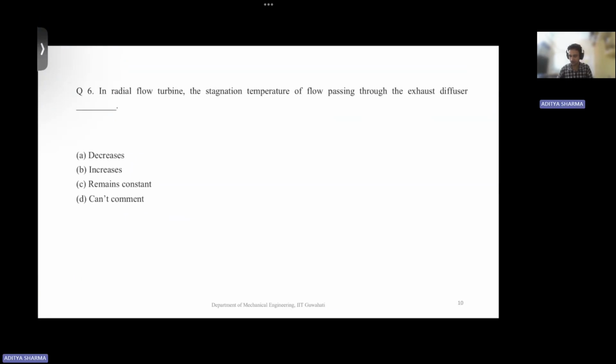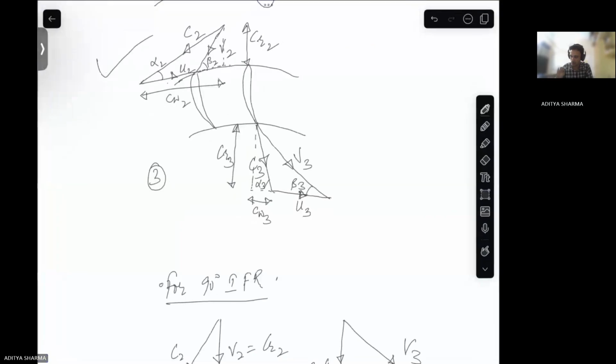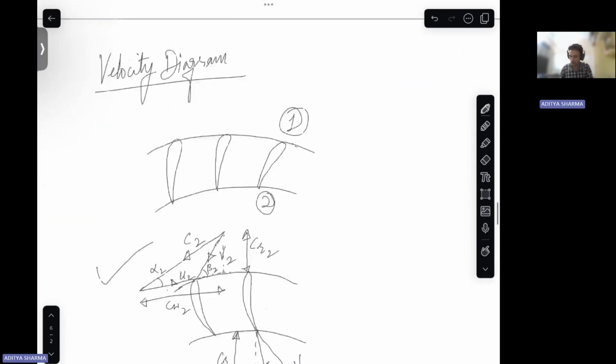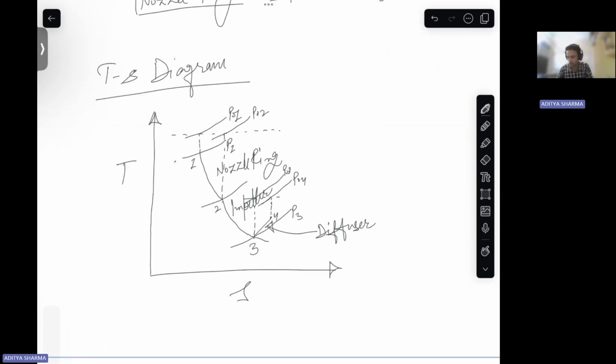Then question number 6, it says that in radial flow turbine, the stagnation temperature of flow passing through the exhaust diffuser. So what happens to the stagnation temperature when we move across the diffuser? So let's see the TS diagram here. If you move across the diffuser from the exit of impeller, you are entering the diffuser. Okay, so this is 3 to 4. If you see 3 to 4, what happens to your stagnation temperature? So stagnation temperature remains constant. Okay. So you can see this stagnation temperature, this one.